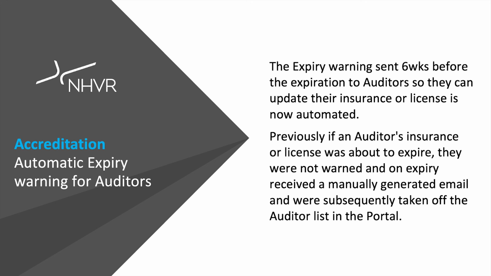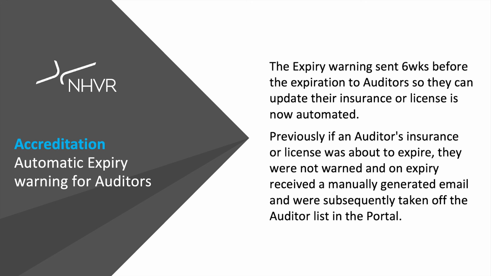So we're proactively getting the auditors to keep an eye on their insurances and so forth, so they can keep it up to date all the time. This will be a nice little benefit for the guys upstairs, in that they won't have to manually keep looking at it and adjusting it accordingly.